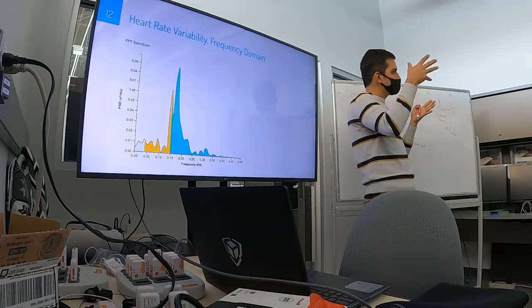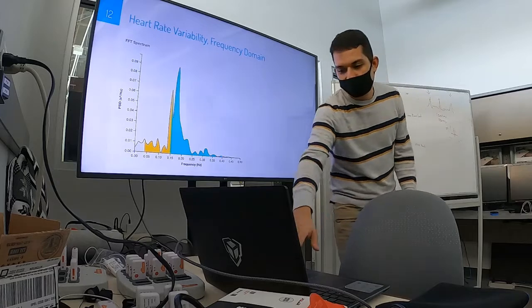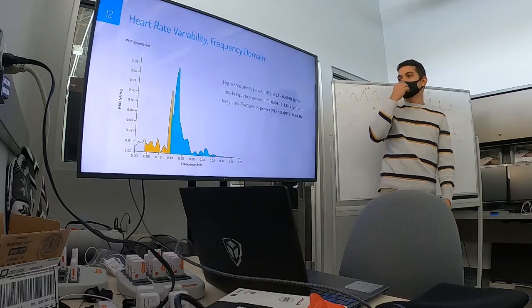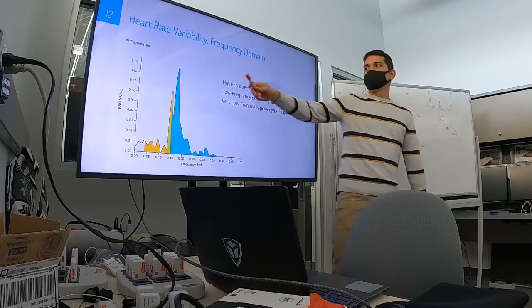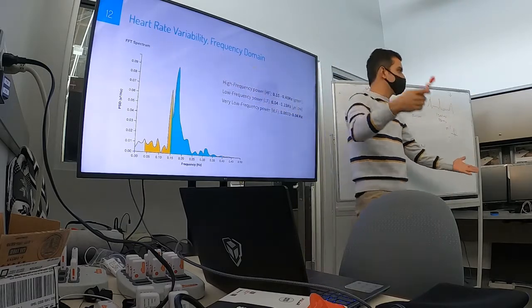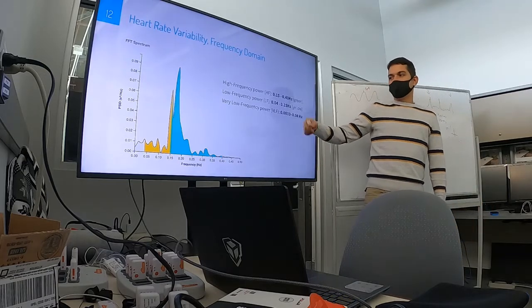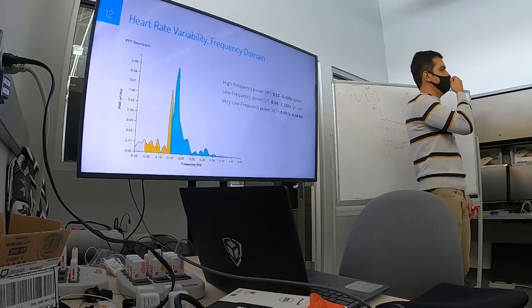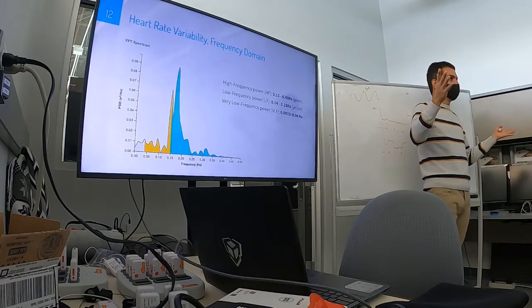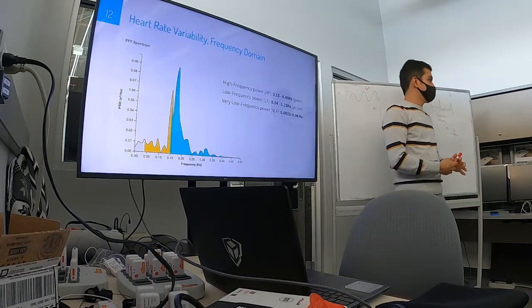Frequency is pretty good in helping you to visualize the whole idea of the session, of the entire signal. So you apply the fast Fourier transform, for instance, and you get the spectrum of the signal. Then when you move to the spectrum, you do something like the power spectral density to plot the entire behavior of the RR intervals. And then you just plot there based on the ranges of frequency.